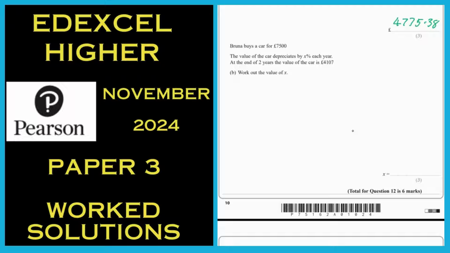I'm going to say that £7,500 times by an unknown twice is 4,107. There's your equation set up. Get it solved. Divide both sides by 7,500.